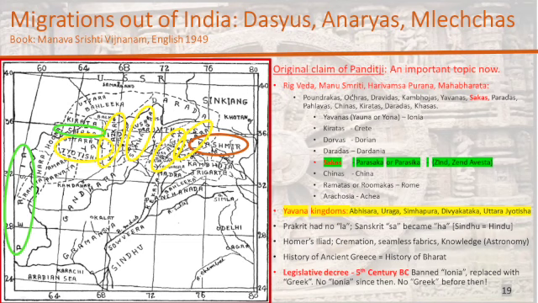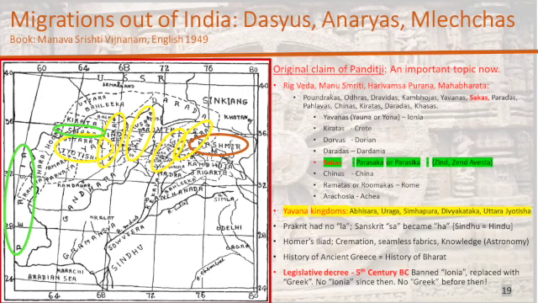So we find that in the Harivamsa Purana, and we find them in the Mahabharata. The Yavanas fought on the side of the Kauravas in the Mahabharata war, and the names of the Yavana kingdoms are identified in the Mahabharata war. Kashmir is mentioned in the Mahabharata war.